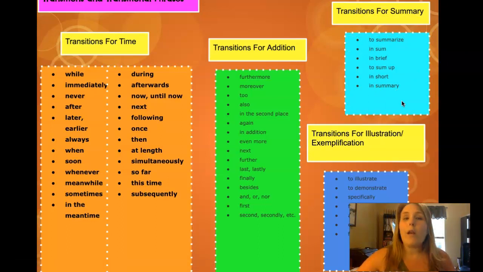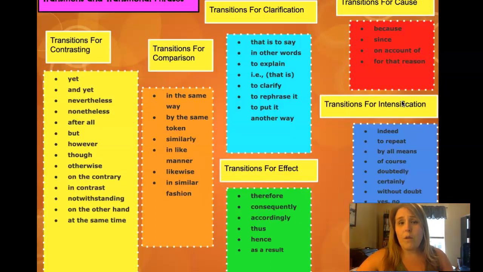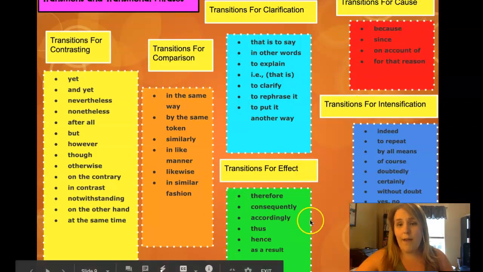So you'll probably want to use this particular slide as you go through and add in the transitions to your body paragraph draft. There are additional ones for contrasting, as well as for comparing, for clarification, for cause, for effect, and for intensification. This might be another good one that you want to use to really drive your points home to prove your thesis.